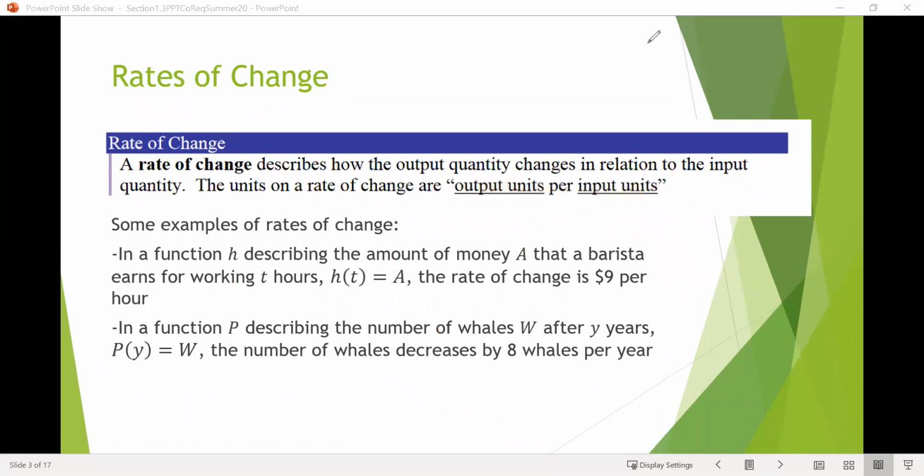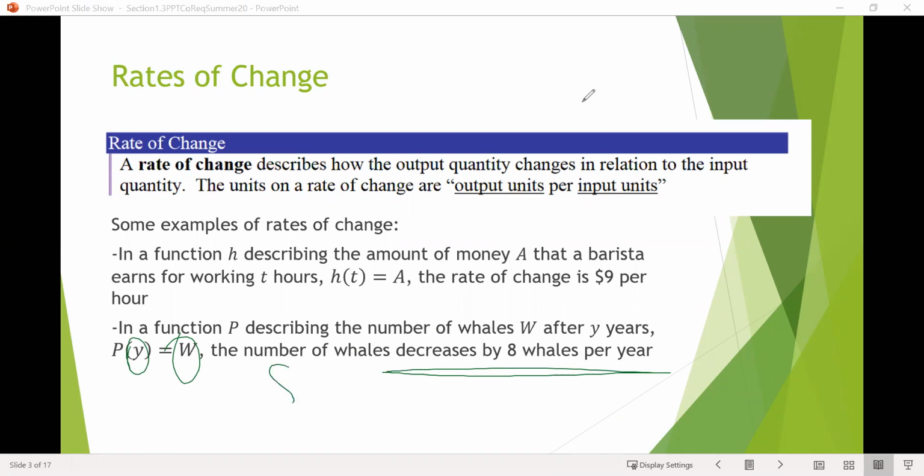Similarly, in the second one here, we have a function describing the number of whales after y years. And so we're given that the function is p of y equals w. So notice here the y, the years, are the inputs, the w's, the whales, are the outputs. And we're told that the number of whales is decreasing by 8 whales per year.